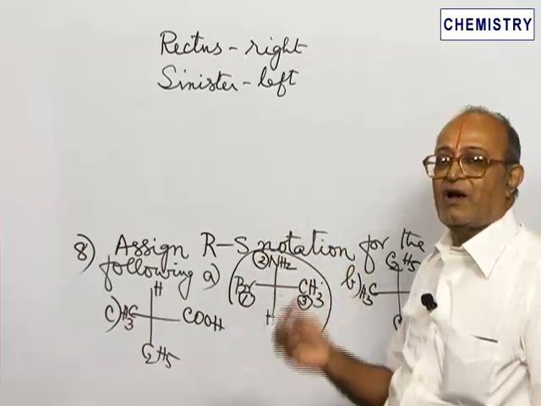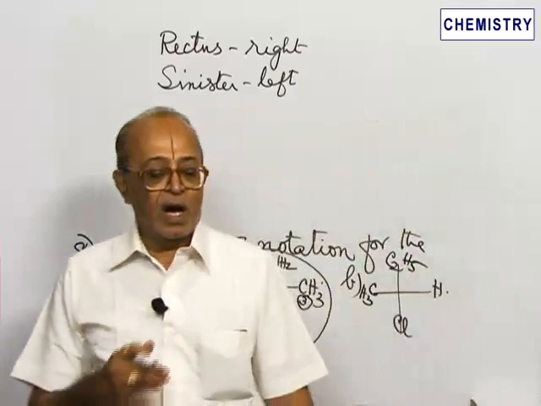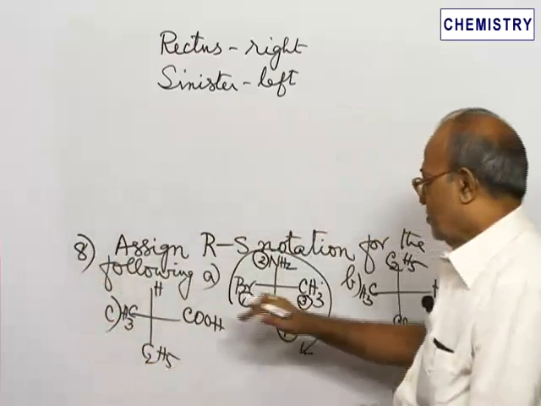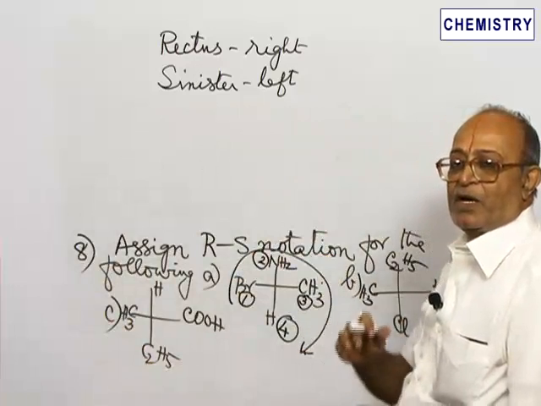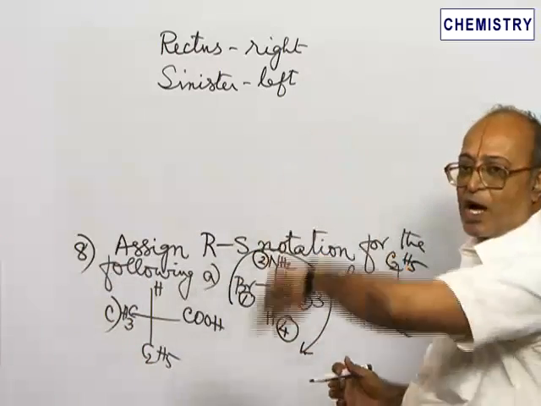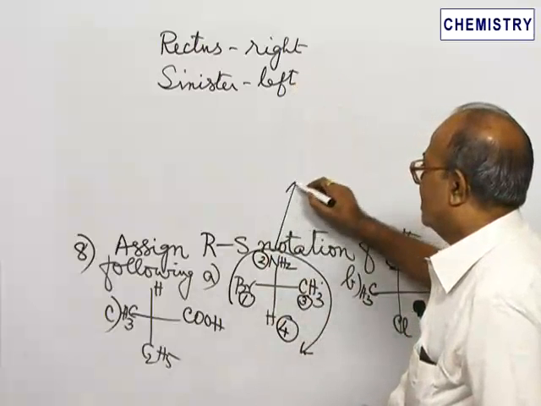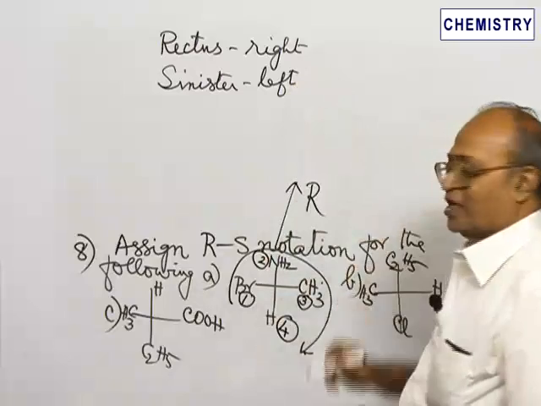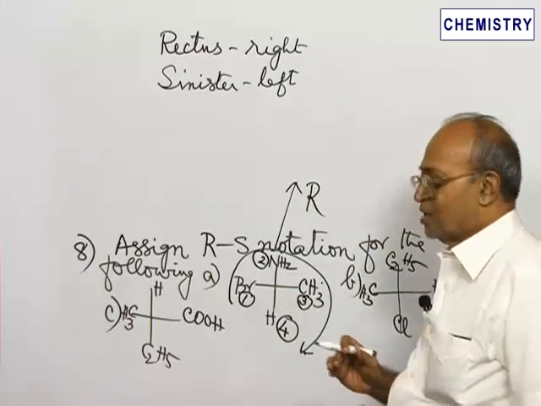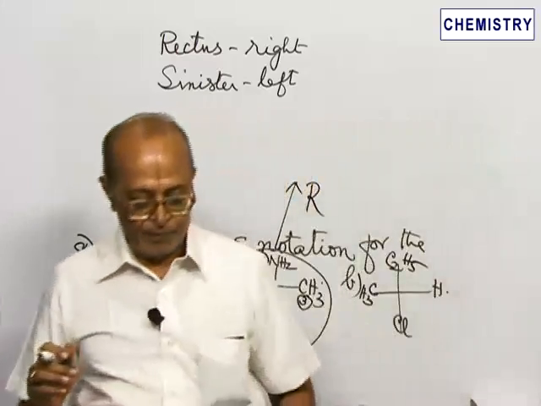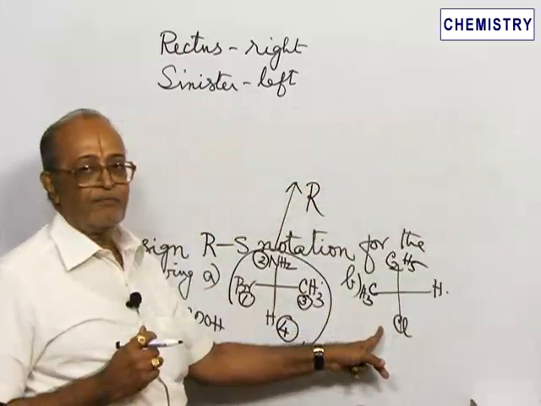If it is the clockwise direction in which your eyes move along priority number 1 to 4, since it is clockwise, right hand side rotation of your eyes' movement, it is assigned the notation R. This isomer is denoted by R. All right, the same rules we follow here.